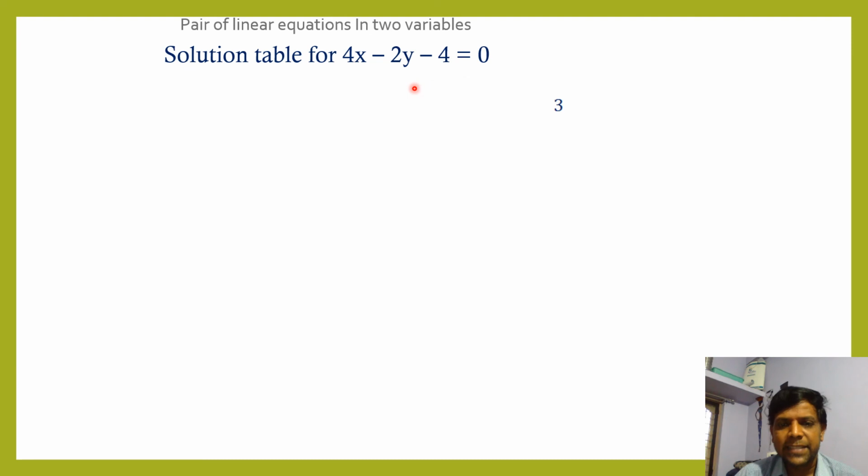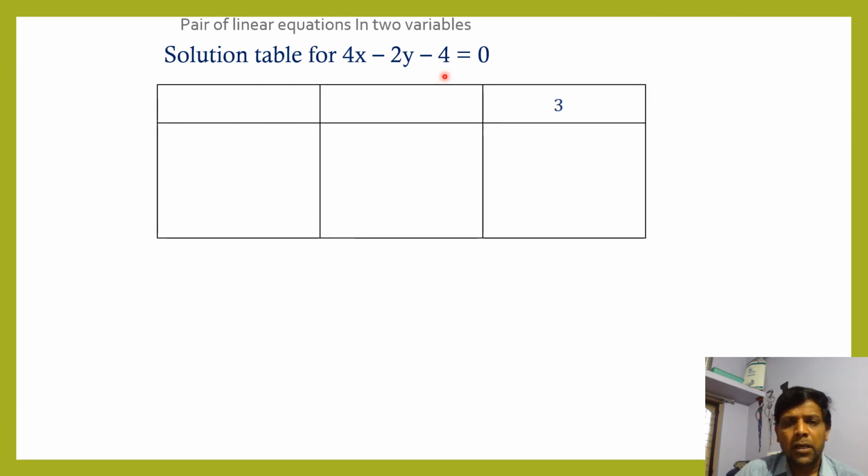Move 2y to the opposite side as plus 2y. The remaining value is 4x minus 4, written as 4x minus 4 equals 2y, or 2y equals 4x minus 4.